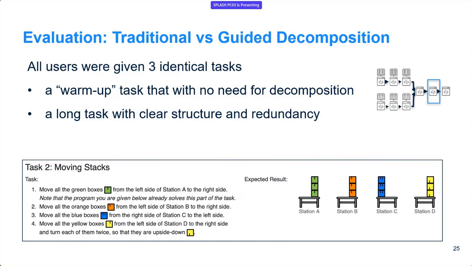We try to keep these task descriptions on the level where they would probably see them in a real application. I would argue even this, here's the result we expect, might already be more vague in reality. But giving them more details, like here are the individual steps, is not likely to be something they would encounter if they used this in practice on a real task. Okay, thank you.